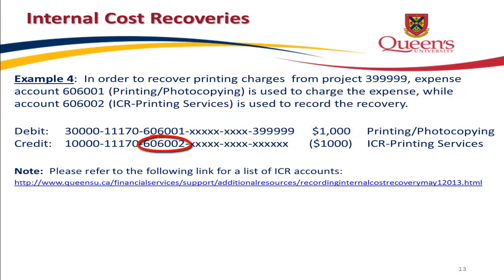Account 606002, ICR Printing Services, is being used to record the recovery, which is reflected in the credit side of the entry. It is important to mention the new ICR accounts should only be used to record internal cost recoveries. In order to access a complete list of internal cost recovery accounts, please visit the Financial Services website.